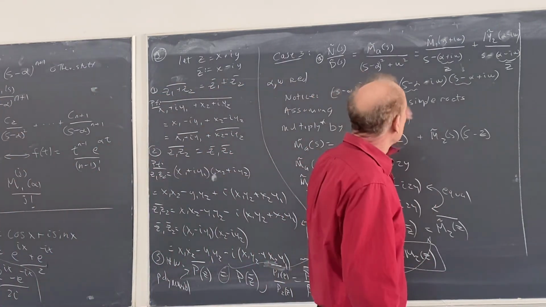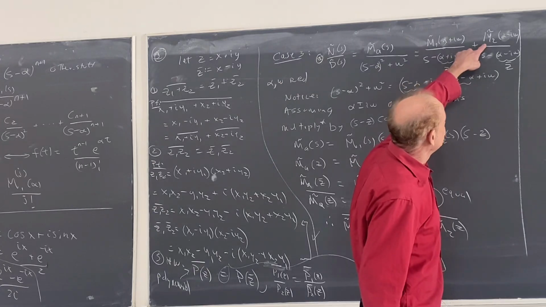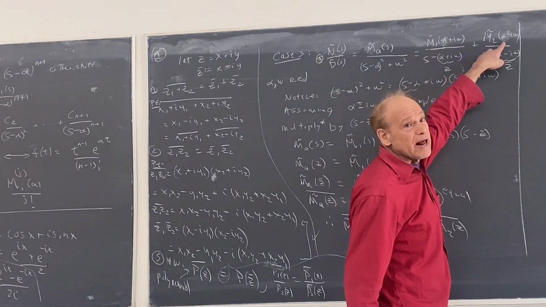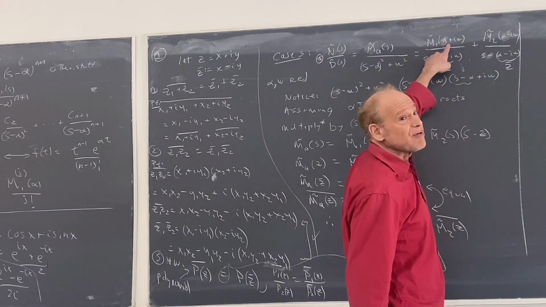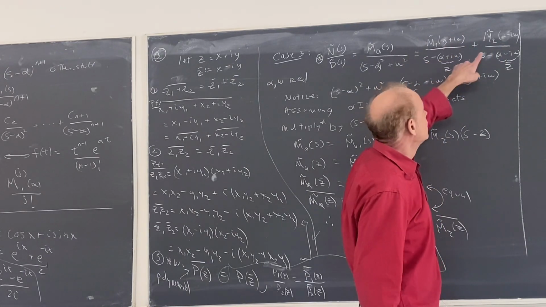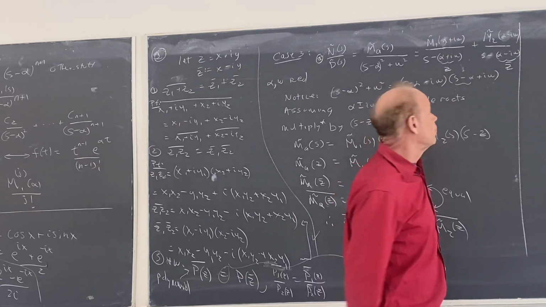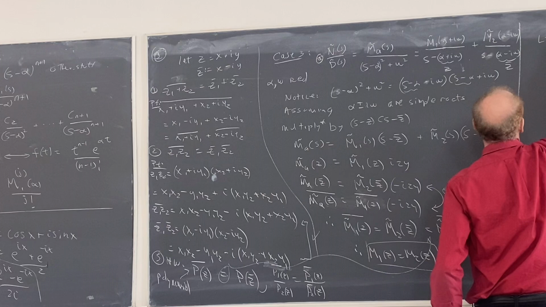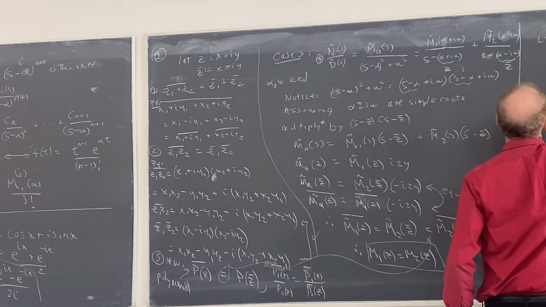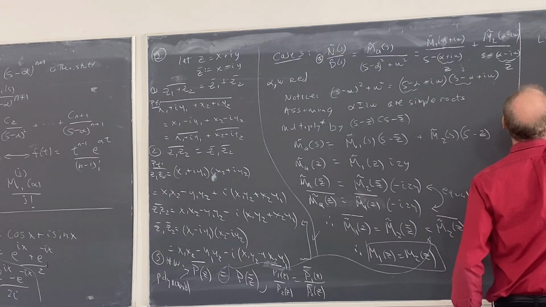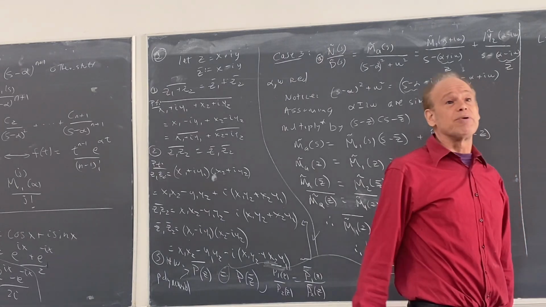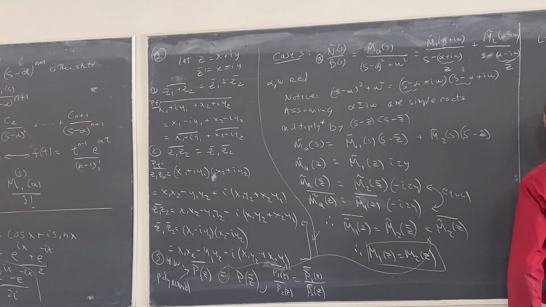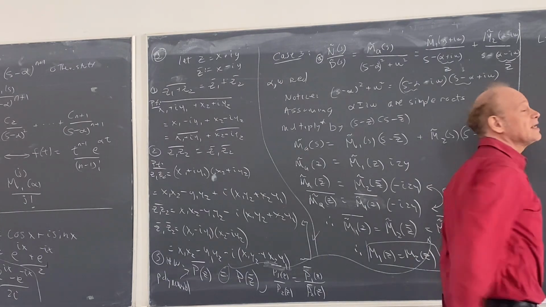So what we now know is n2 is the same function of S1 as n1. But this is evaluated at alpha minus i omega, and this is evaluated at alpha plus i omega. These are complex conjugates of each other. So we can note that n2 tilde of alpha minus i omega is just some complex number. Let me call it a plus ib.